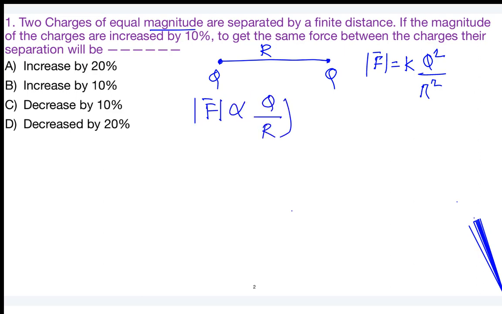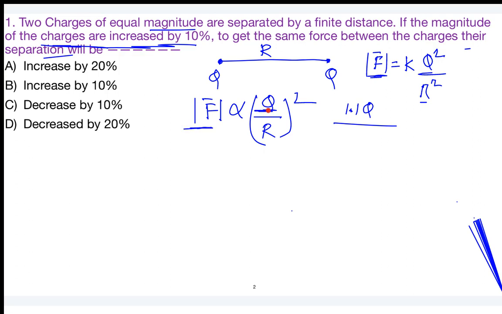So I want F to remain constant and Q is incremented by 10%. So Q becomes 1.1 times Q. Then when the force remains the same, R also should become 1.1 times R. Then only your force remains constant, right? Because F is directly proportional to Q by R. So if Q increases, R should increase in the same proportion to keep F constant.